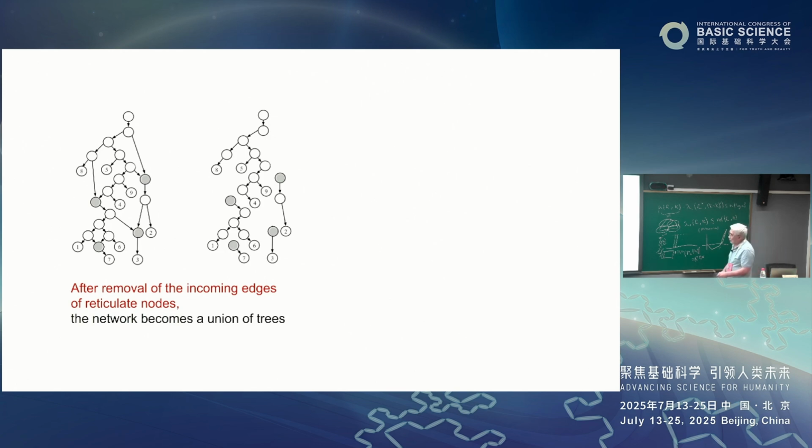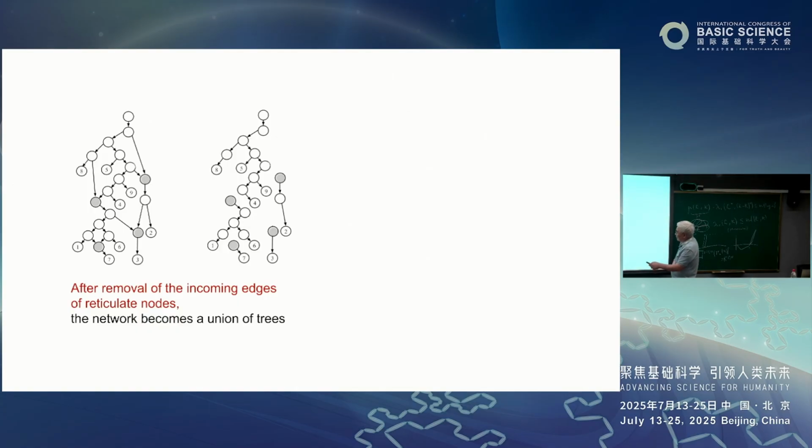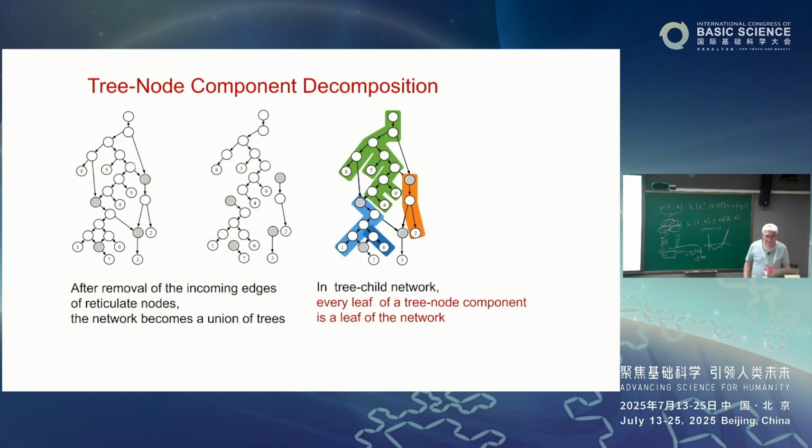The important property is this: in this subtree, the leaves are the original leaves of this network. This is only true for tree child networks. So you see tree child networks have a simple structure.